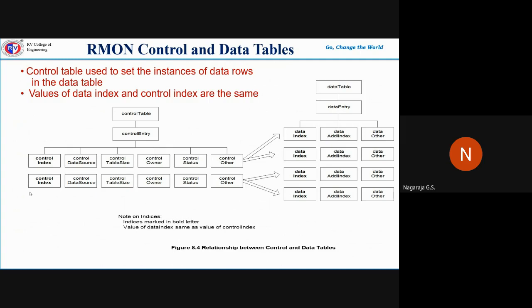However, if you look at these two tables, the data table and the control table, they are closely interlinked with one another. If you want to control or retrieve something, you can use the control index, or if you want to extract only the data, you can use the data index value to extract it.